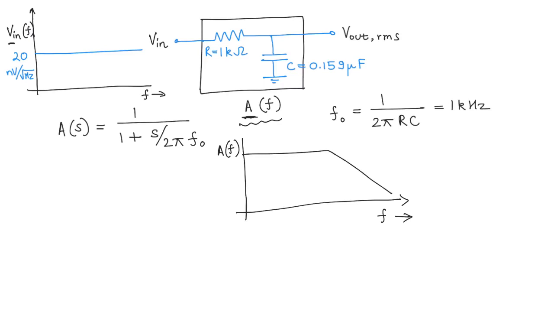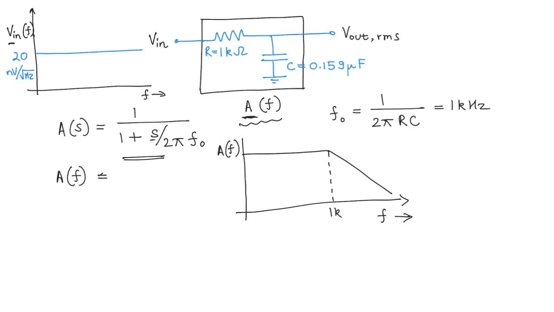This is approximate, but somehow something like this, and your cutoff frequency here is going to be 1 kilohertz. Okay, so now what we want to do is we want to multiply this frequency here with this frequency response here, and of course you can convert it into AF, right?